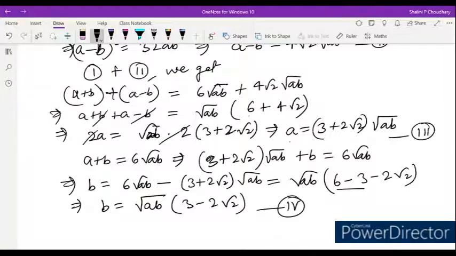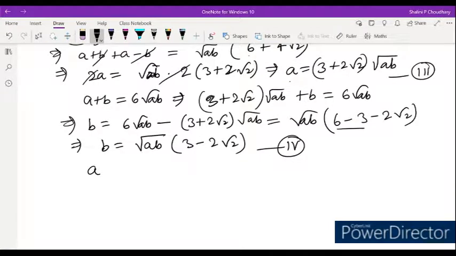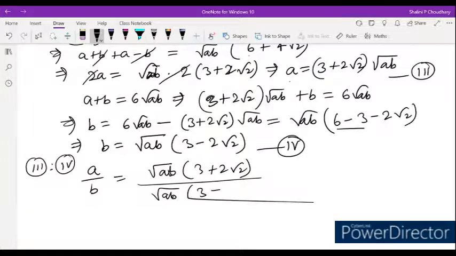This is equation 4. Now we have to find the ratio of A upon B. So we'll divide equation 3 by equation 4 and we'll get that value. It will be square root of AB into 3 plus 2 root 2 divided by square root of AB into 3 minus 2 root 2.